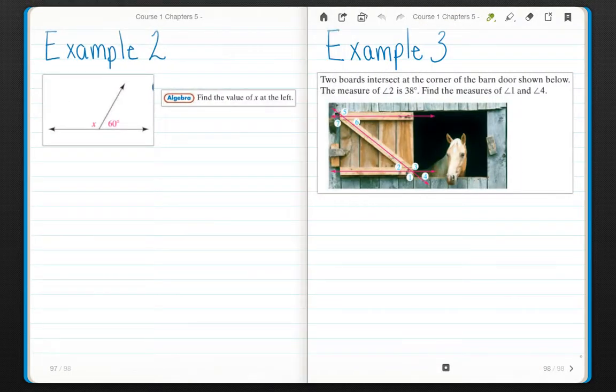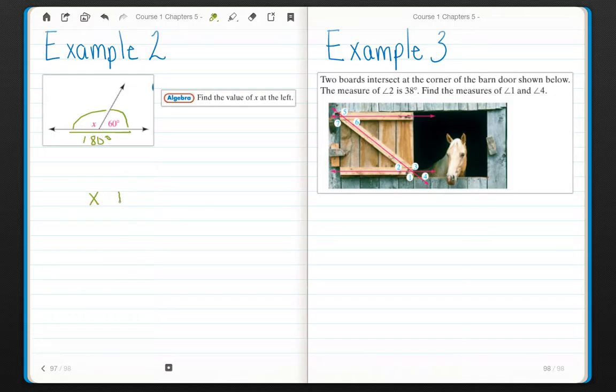All right, example 2. Find the value of x at the left. Now, I see that one of these 2 angles, x, is an obtuse angle. The other angle is an acute angle of 60 degrees, but together they form a straight angle, or 180 degrees.